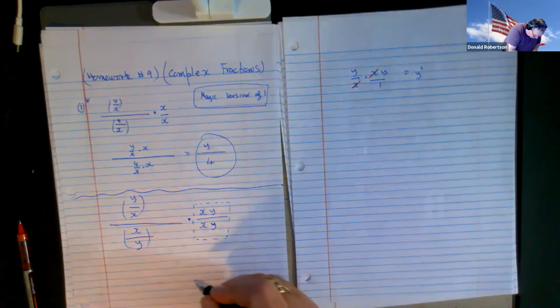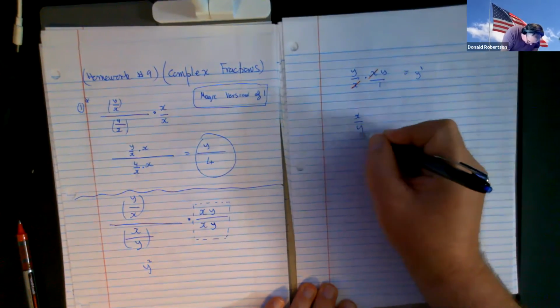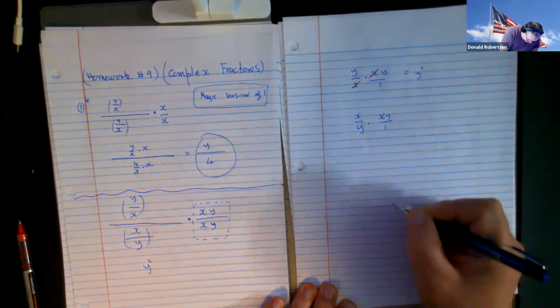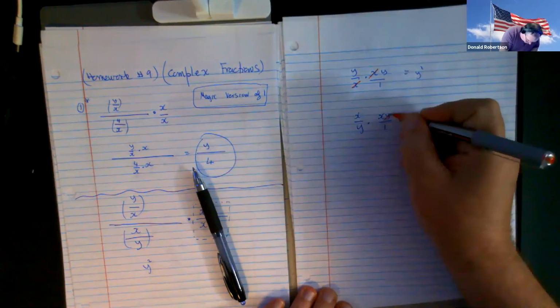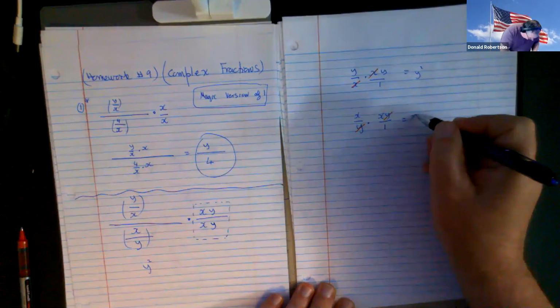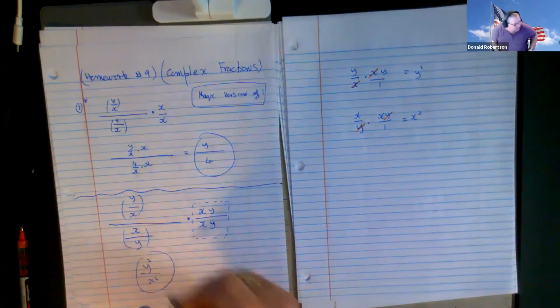So the top is y squared. Now the bottom fraction looks like that. And if you multiply it by xy, the y's cancel out, and you're left with x squared. There's your new answer.